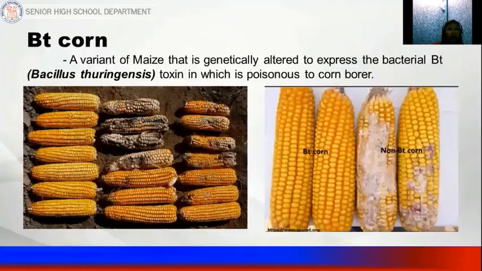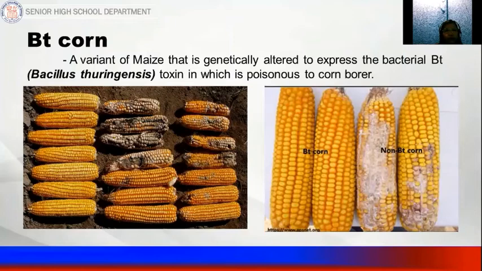Okay, so we have here an example. A variant of maize that is genetically altered to express the bacterial Bacillus thuringiensis toxin, which is poisonous to the corn borer.